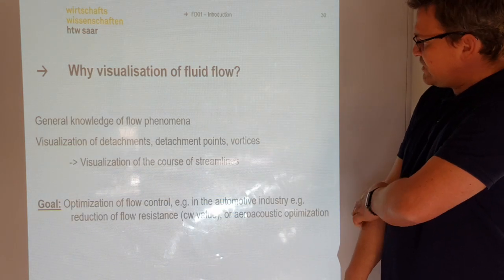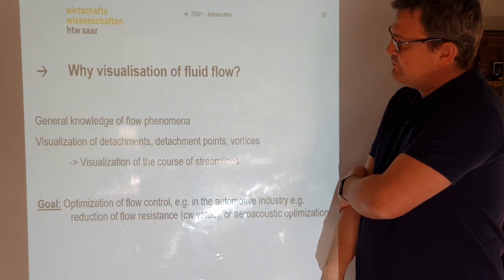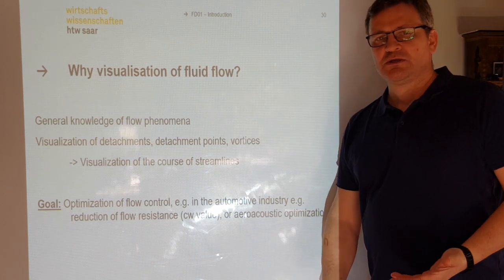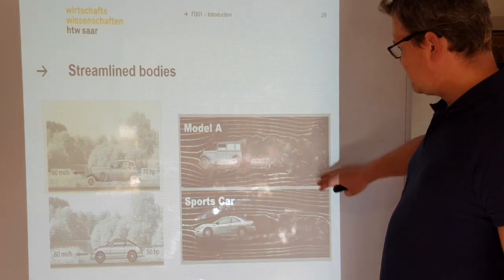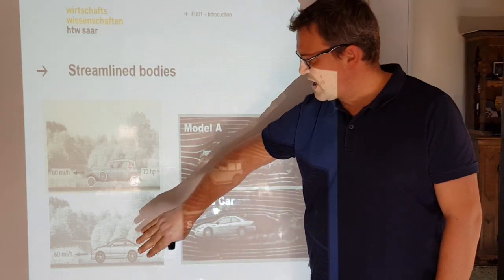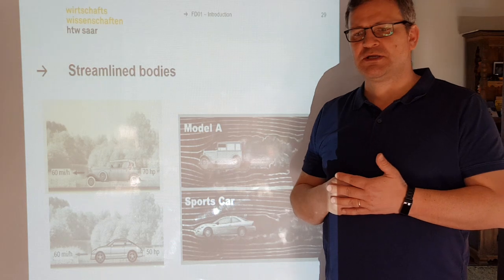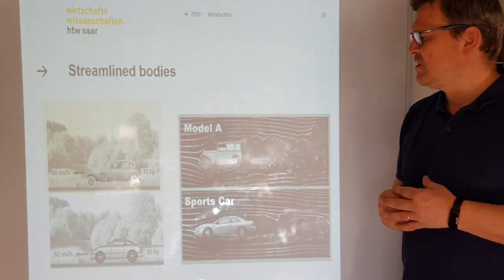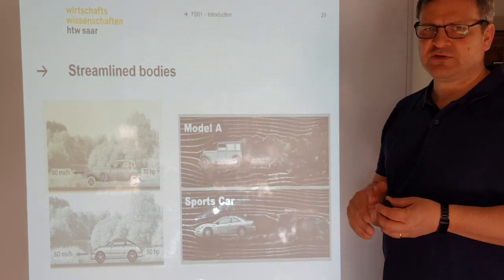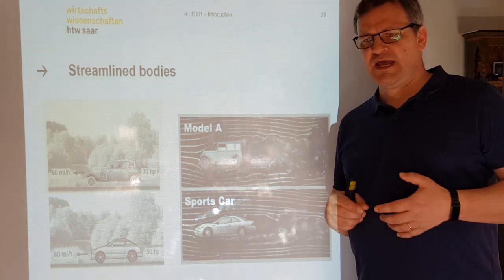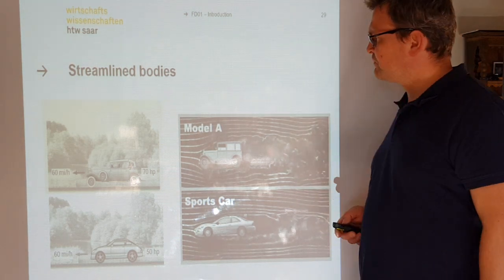So we have the problem. If you go back to this slide, normally you see the cars. You see they move in the air. But you cannot see this fluid flow behavior because the air is invisible.